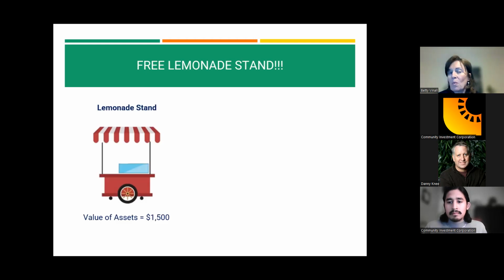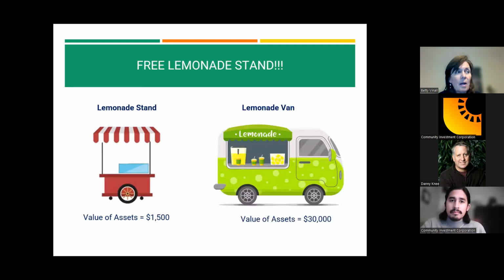So the first one is our lemonade stand, very similar to the one we already own, and it has a value of assets of $1,500. Our second opportunity is to buy this very cool lemonade van, and it has a value of $30,000.